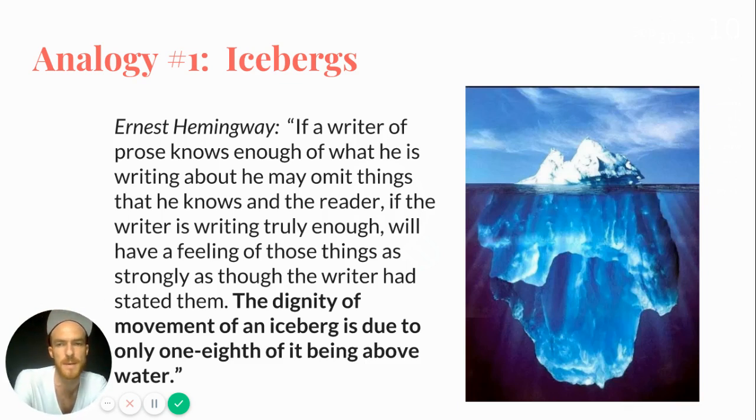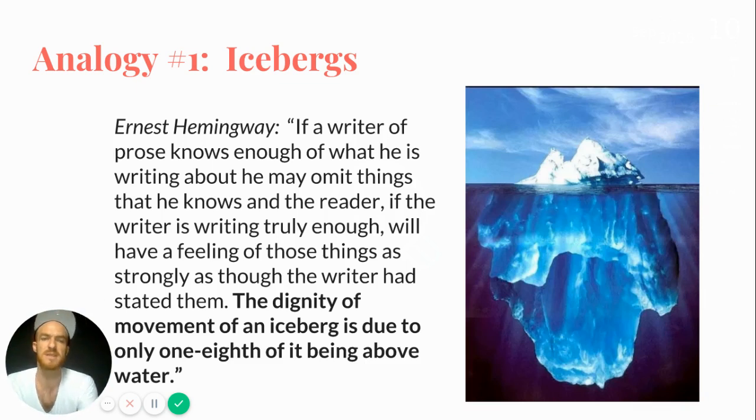And he says this: if a writer of prose knows enough about what he is writing about, he may omit things, that is, leave things out, that he knows, and the reader, if the writer is writing truly enough, will have a feeling of those things as strongly as though the writer had stated them. The dignity of movement of an iceberg is due to only one-eighth of it being above water.